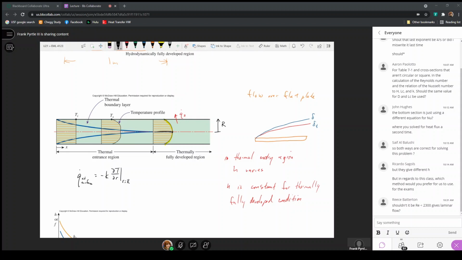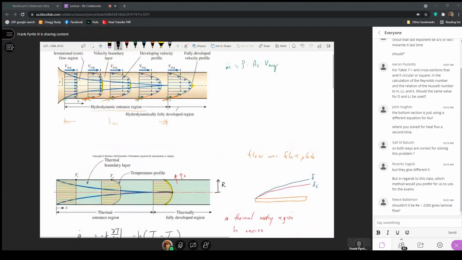This is a heat flux by conduction in the fluid, but this is also equal to h times the temperature difference between the surface and what is called the mean temperature of the fluid. T sub m is the mean fluid temperature. So just like there's an average velocity for the fluid at a particular position, because there is a velocity distribution.